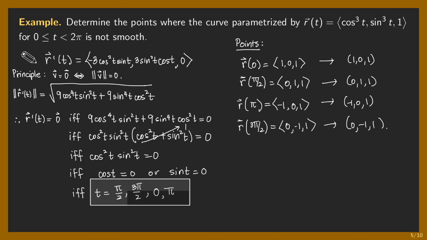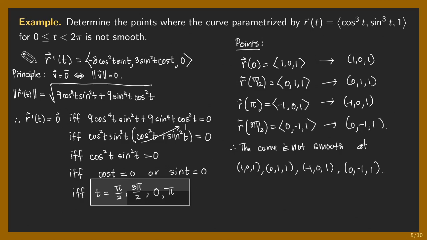So therefore, the curve is not smooth at the following points: 1, 0, 1; 0, 1, 1; negative 1, 0, 1; and 0, negative 1, 1. As you can tell, the z component of r of t is constant at 1.